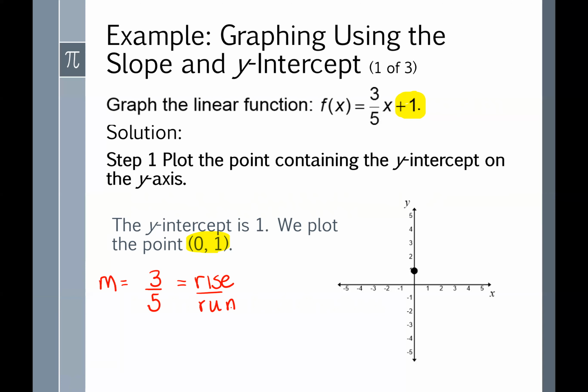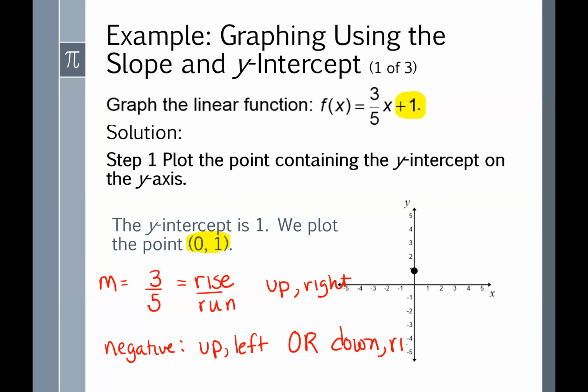So what this tells us is that since this slope is positive, we are going to go up and to the right. If it were negative, then we would either go up and to the left, or we would go down and to the right.